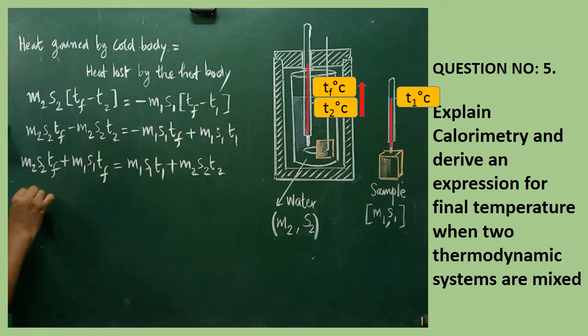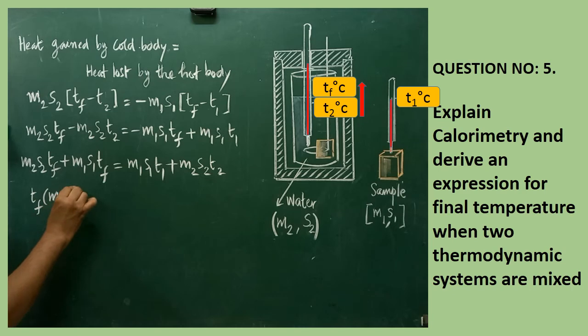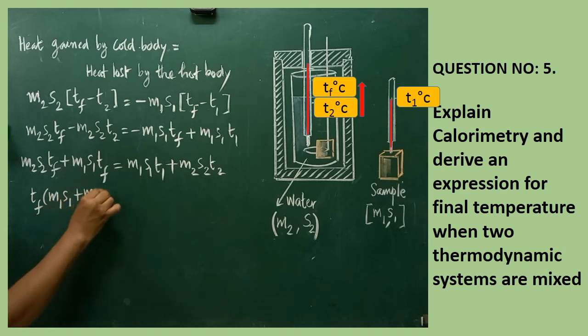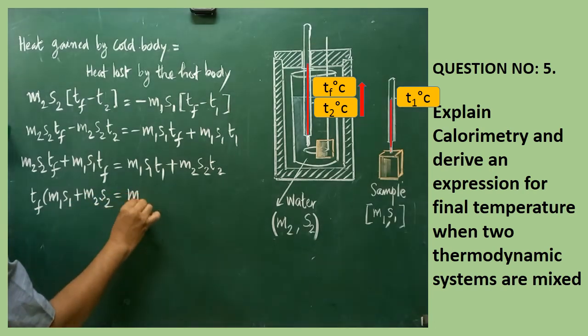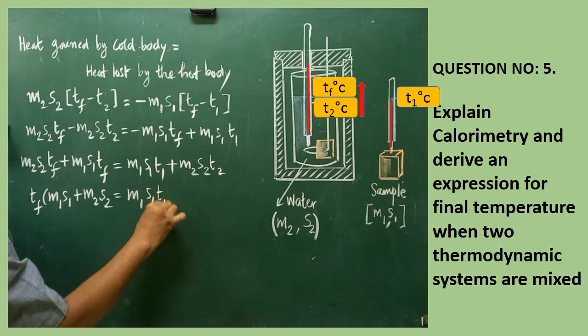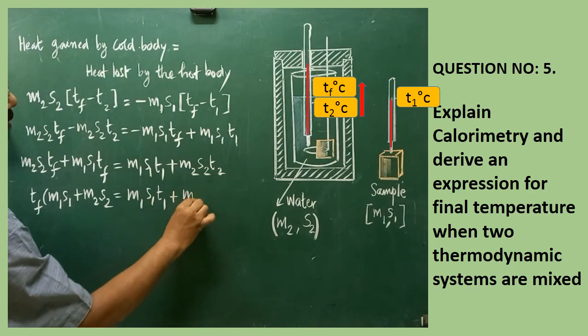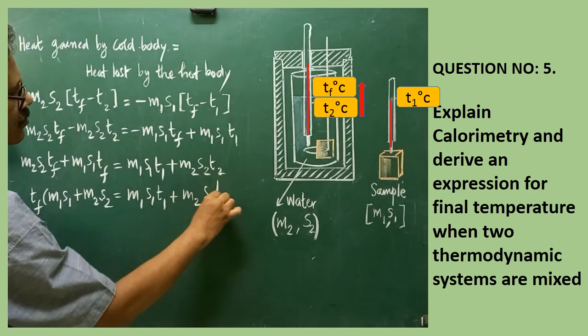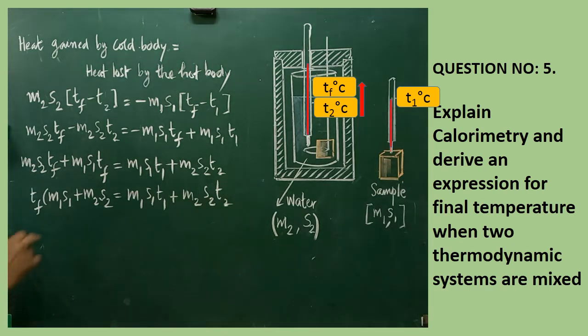Now Tf can be taken as a common factor. So (m1 s1 plus m2 s2) Tf is equal to m1 s1 T1 plus m2 s2 T2. Our aim is to get the expression for Tf.